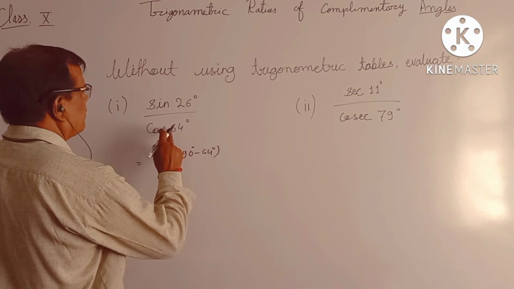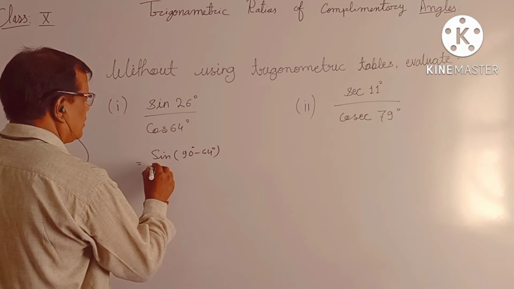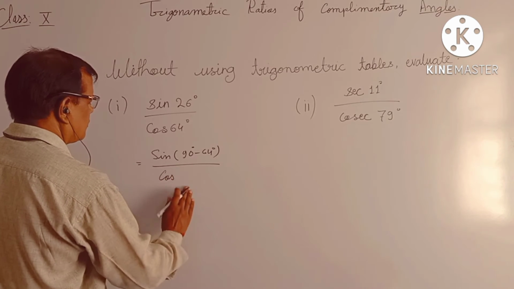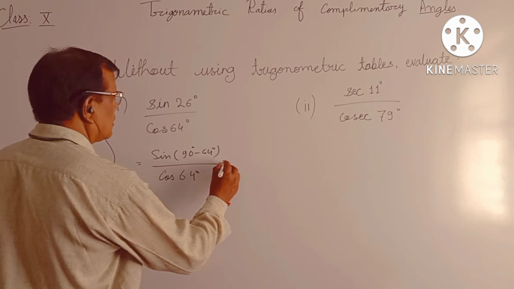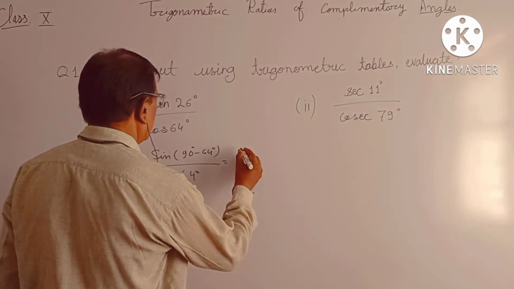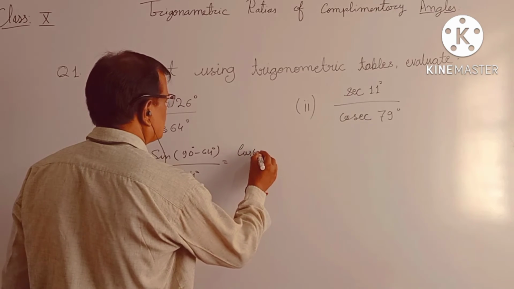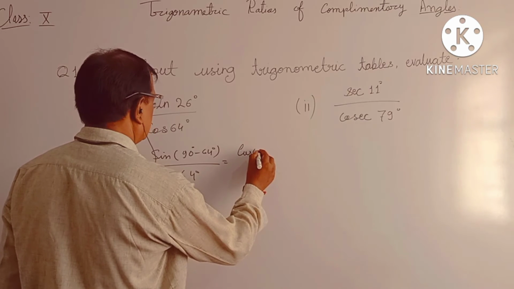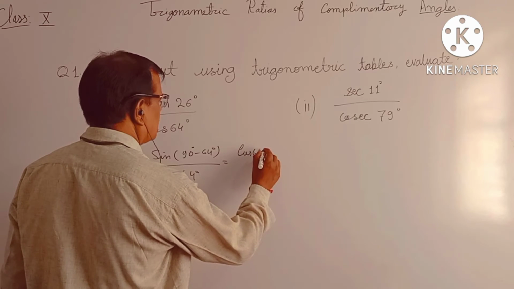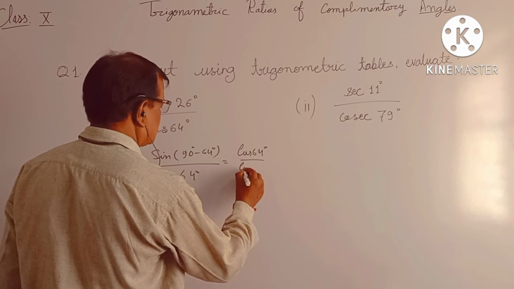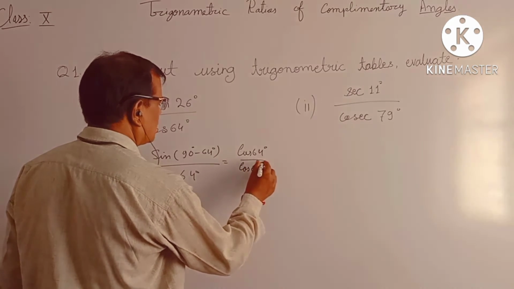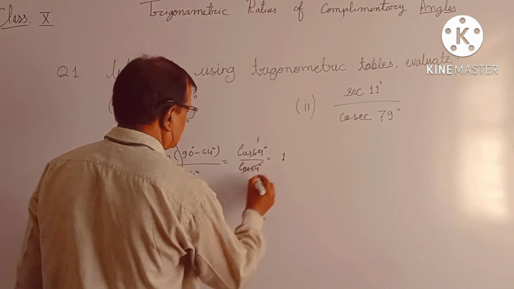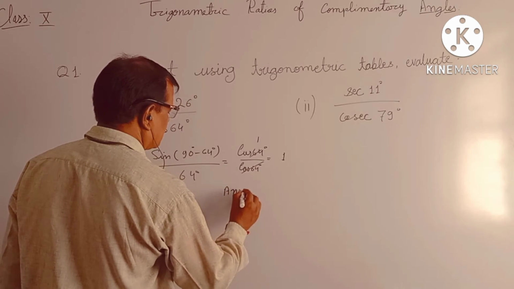If we subtract it we will find 26 degrees, but we will not subtract it, we will use the rule. Sin 90 minus theta changes to cos theta, so it will be cos 64, as given in the denominator cos 64 already. Both are the same, so they cancel. It will be divided by one time. So the value of this one is 1.